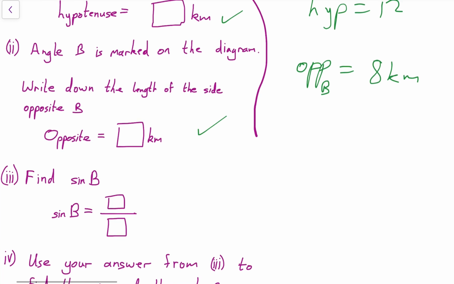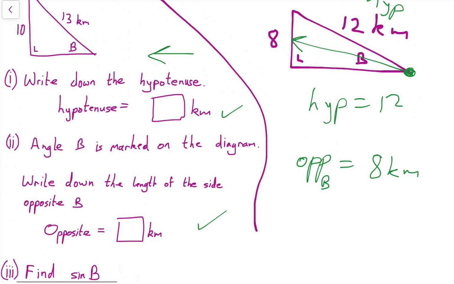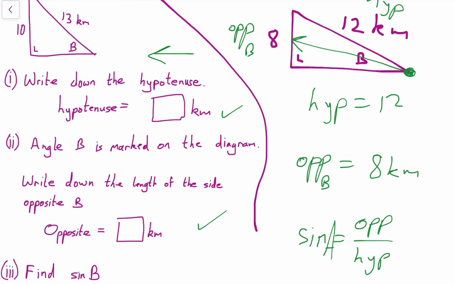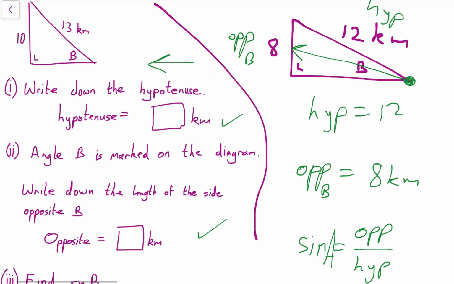Part 3, find sine B. Now we know that sine, silly old Harry, is opposite over hypotenuse. So we need our opposite and the hypotenuse, and we just found our opposite a minute ago. This was opposite B, and the hypotenuse we labelled early on was 12.